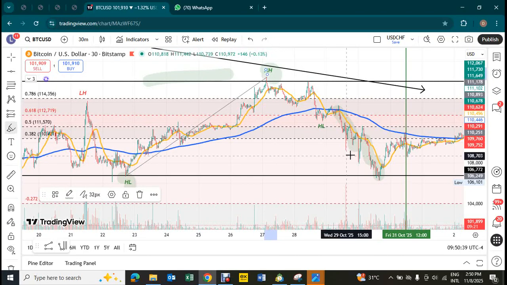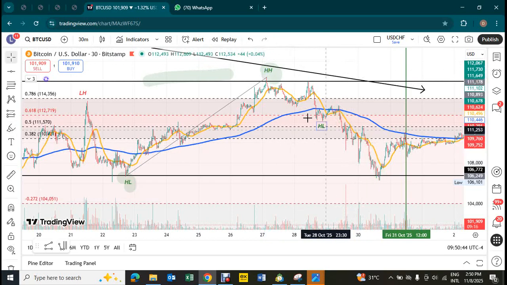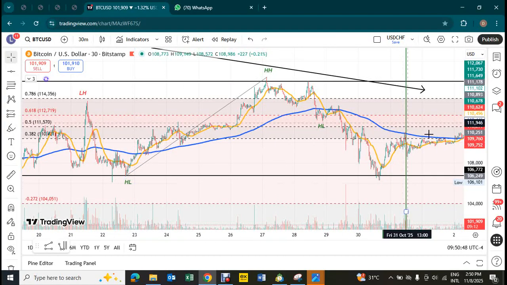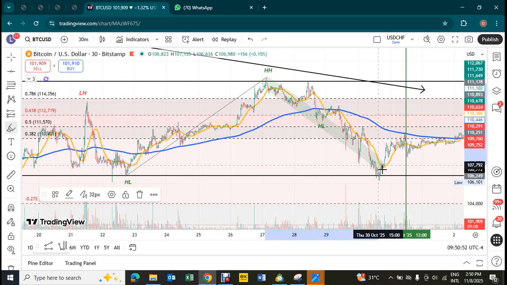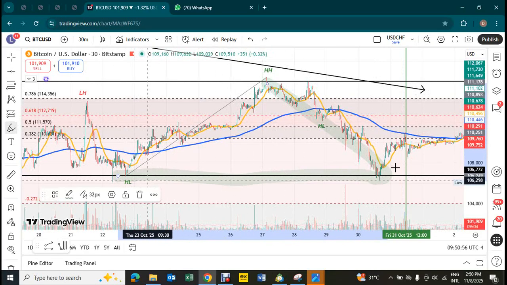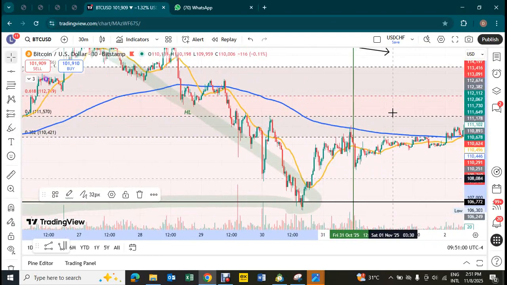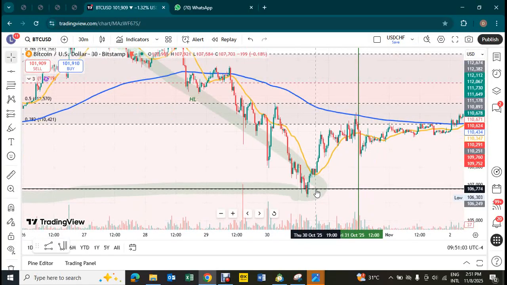Now we saw the same thing happen here. We see price come down here and broke this HL, right? You can see price broke the line, the previous HL, higher low, which means we have another shift.